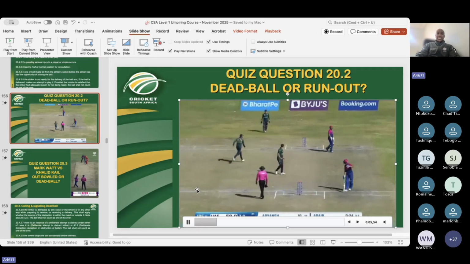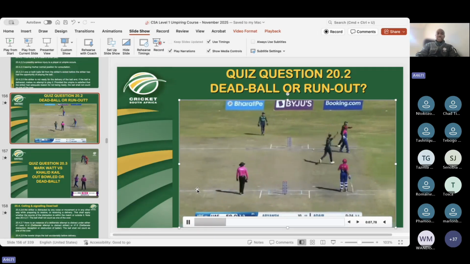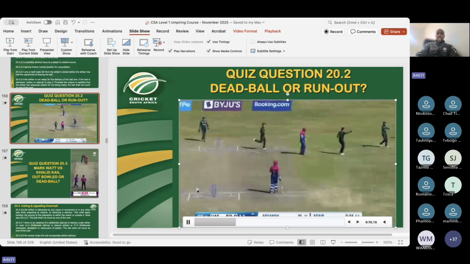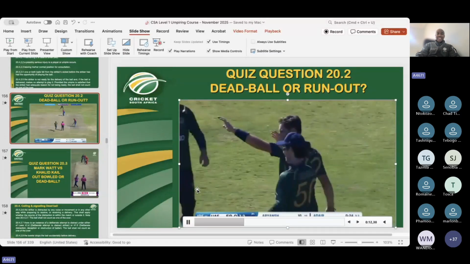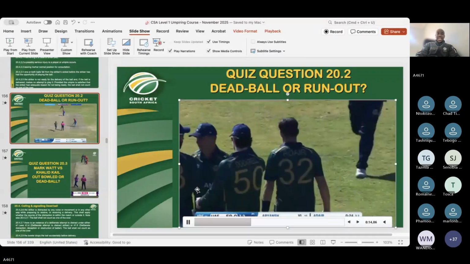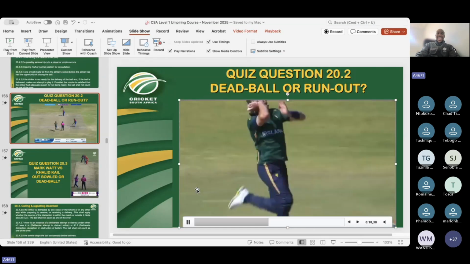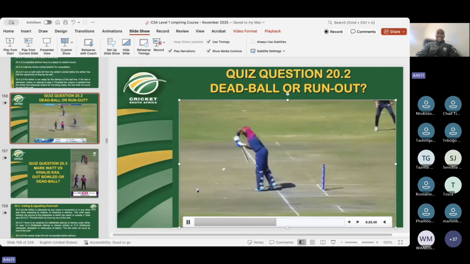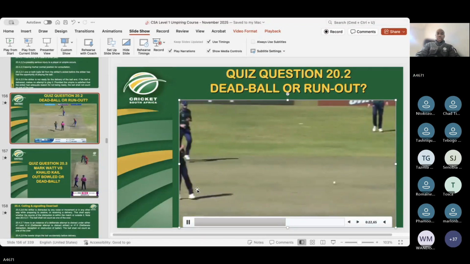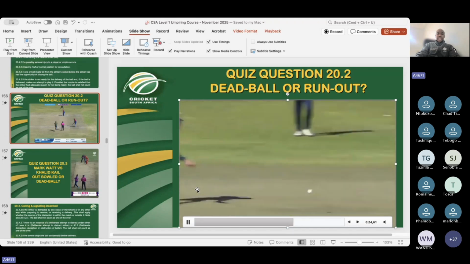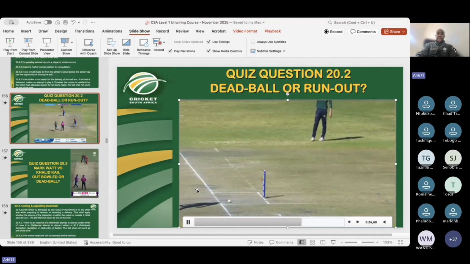If a player screams in pain because of a blow, we would consider that a serious injury. If the ball has hit the player on their head, especially underneath the helmet or without a helmet, then we would consider it a serious injury.